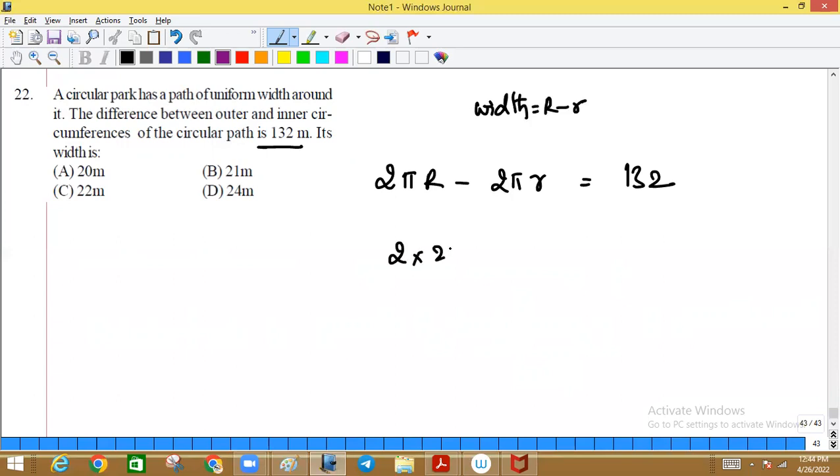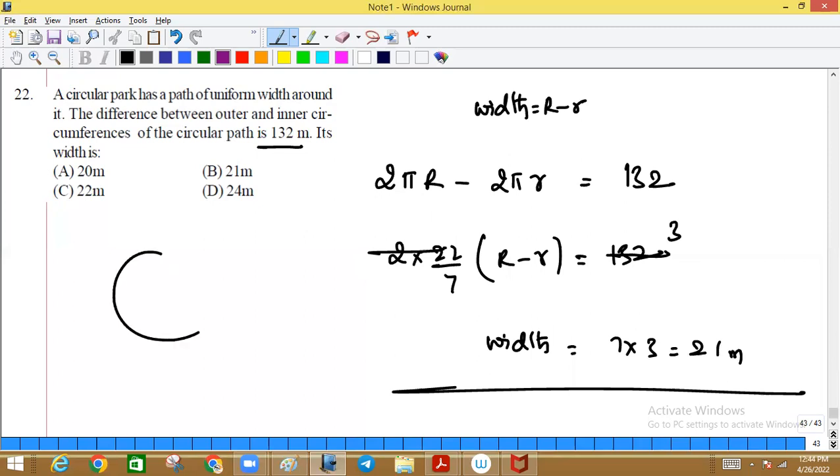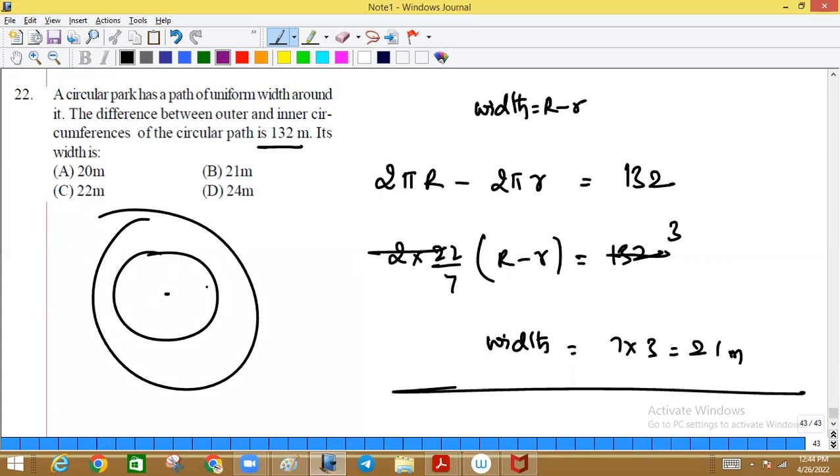Take 2 pi common. 44 threes are 132. Therefore, width is equal to 7 threes are 21. So width is how many meters? 21 meters. This is how a circular path is. This is small r. This is capital R. The width here is capital R minus small r.